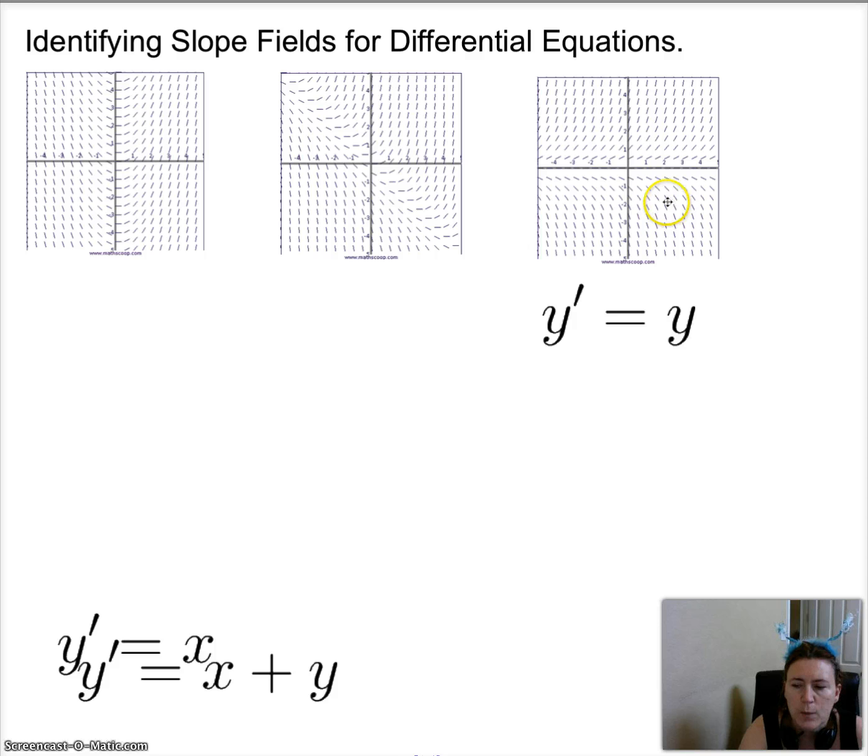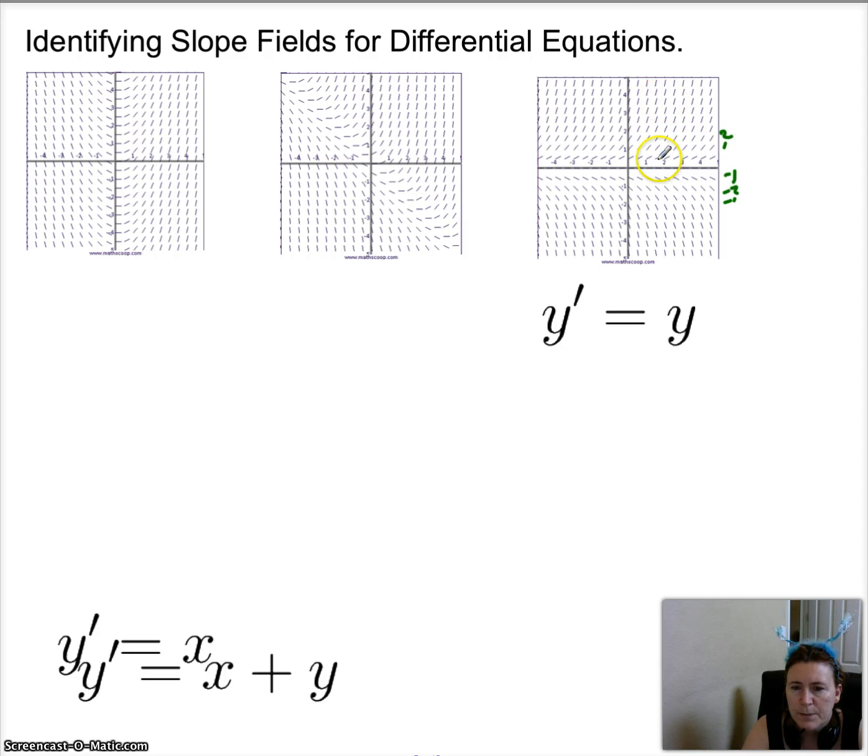Now let's look at what happens as we change y, because we want to make sure. When y is 1, all of these have a slope of 1. When y is 2, they all have a slope of 2. All the way up, and they get up here so high we can't tell the difference anymore. What happens when y is negative 1? These slopes are negative 1, negative 2, negative 3, on until they're too large to change.